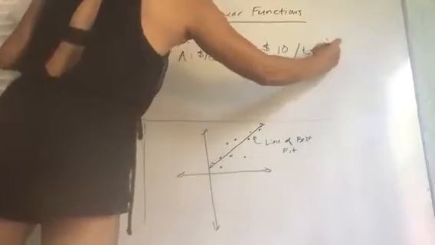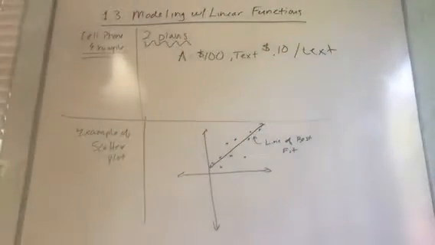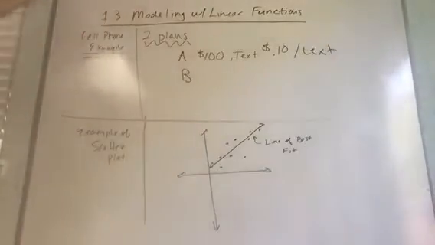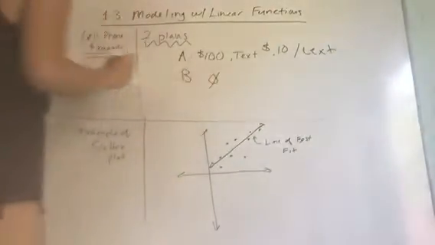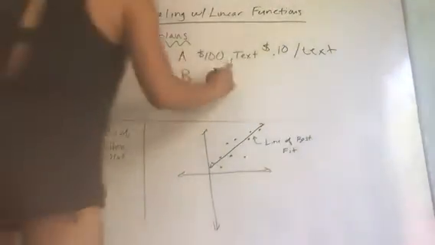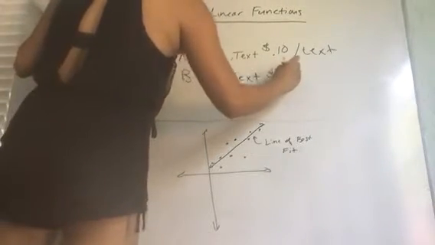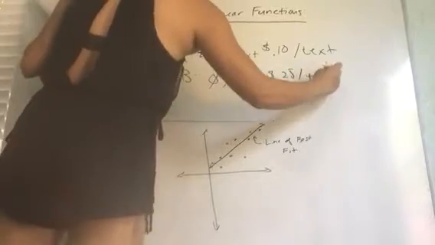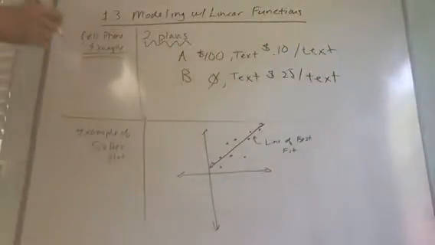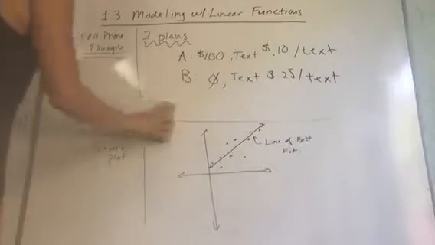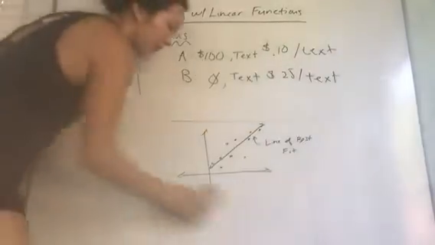I know, not truly realistic because nowadays we have unlimited data plans. And then we have company B, where there is no installation fee of any sort, but they just straight up charge you 25 cents per text message, which would be insane given the number of text messages people use nowadays. So let's say we have these 2 companies, and we want to find out 2 different things about them, okay?